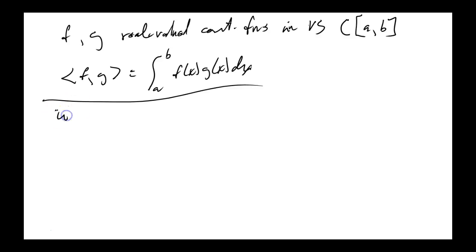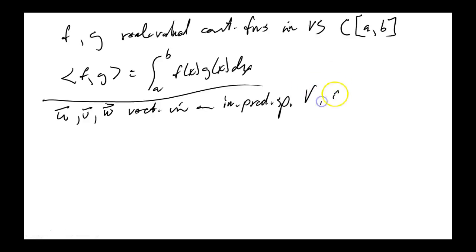So u, v, and w are all vectors in an inner product space V. c is a real number, a scalar.